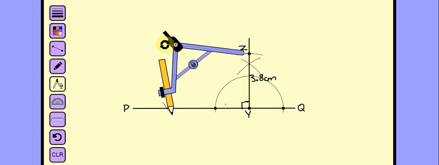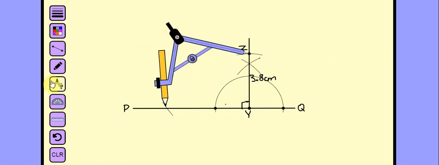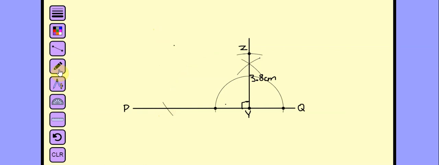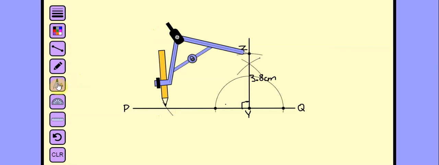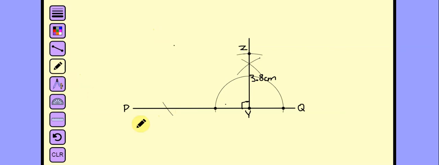And this is 6.6 centimeters away from Z. So the point of intersection here will be our point X. So all we have to do now is to just draw a straight line from Z to X. And there we have it. This is our unique right angle triangle.